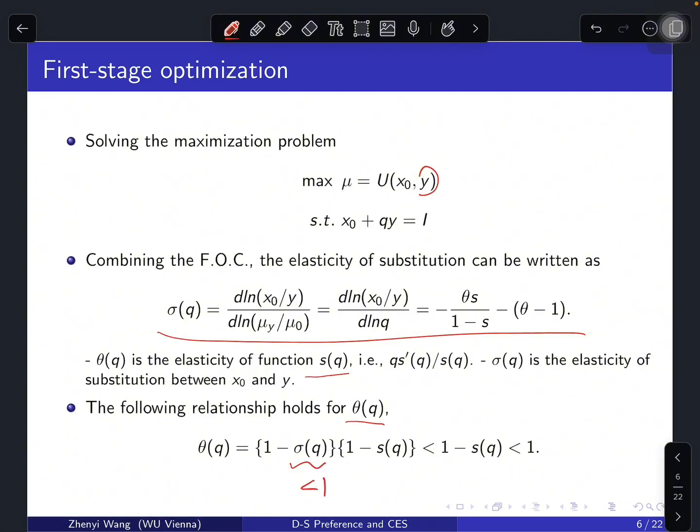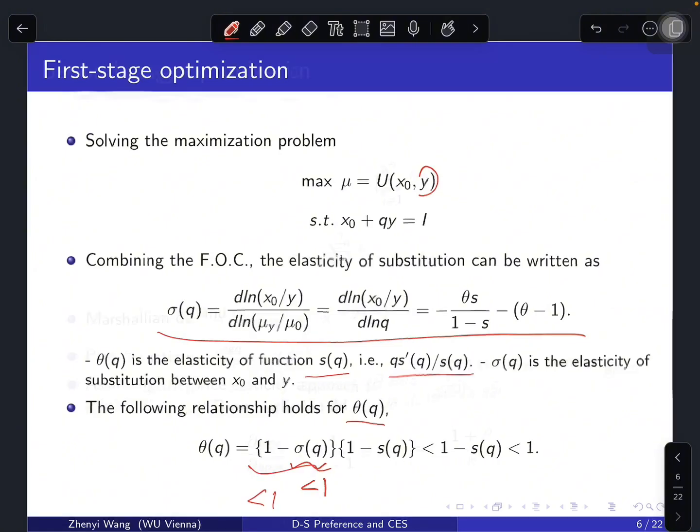So the multiplication of these two terms is smaller than 1 minus sq, because this term is smaller than 1, and so theta q is smaller than 1. This condition stabilizes market equilibrium by limiting the impact of price index fluctuation on utility weights. Without this condition, when the price index fluctuates excessively, consumers may shift disproportionately towards a specific type of goods, either X0 or Y, leading to market imbalances.